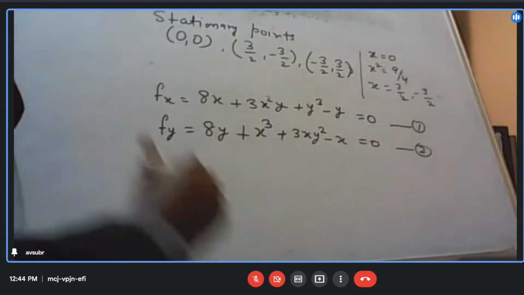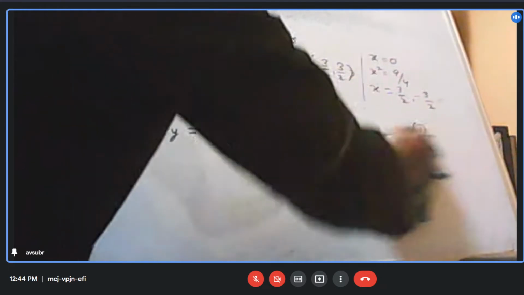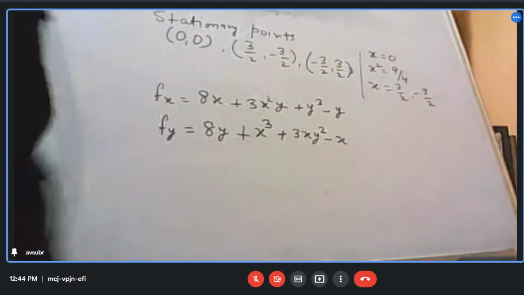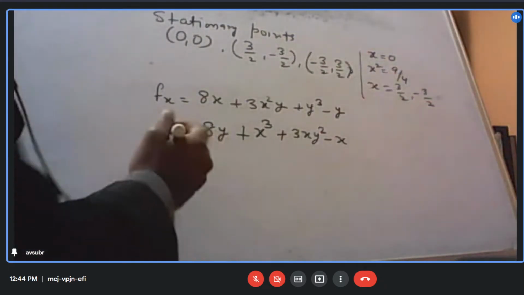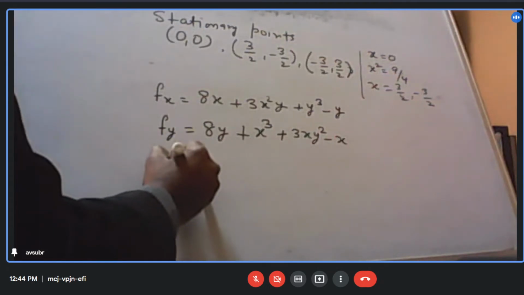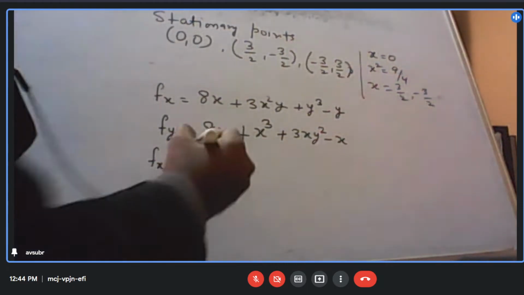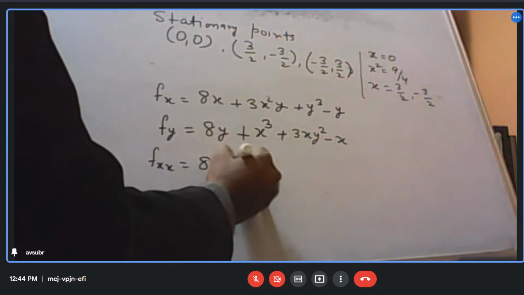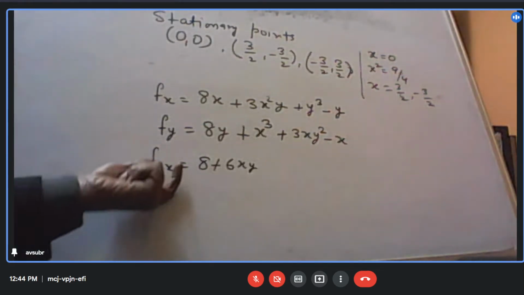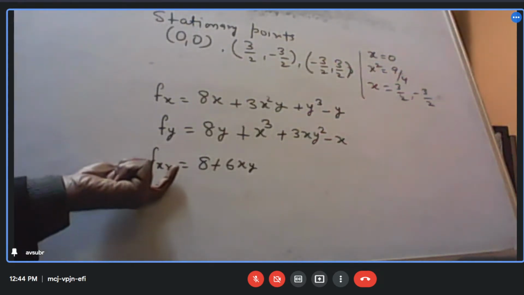Now what I need to do is differentiate this and this with respect to x and with respect to y. So I get 8 plus 6xy, which is the double differentiation of f with respect to x.